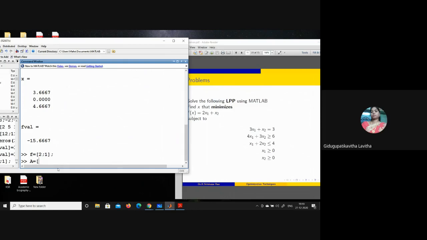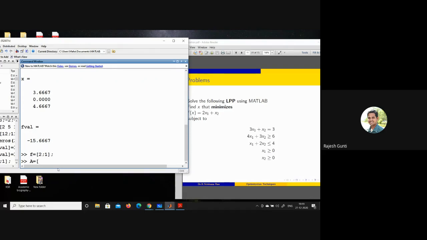Two comma one, sir? No. There is no 2 comma 1 in the main equation. Capital A means the inequality constraints, so we need to take them from the equations.